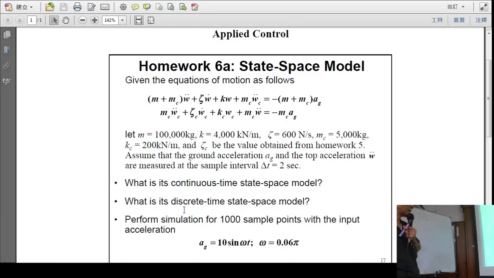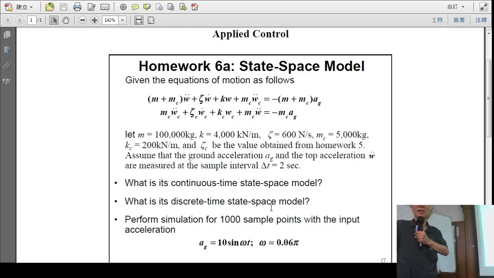Then I want you to have a discrete time state space model with delta t equal to 2 seconds. Then I ask you to do simulations for 1,000 sample points with the input accelerations for this one. And of course, use the discrete time state space model to do simulations.